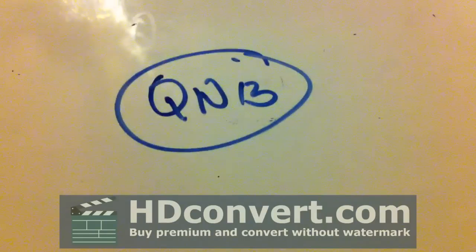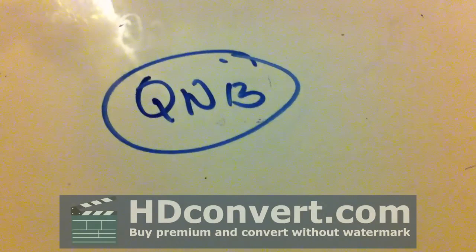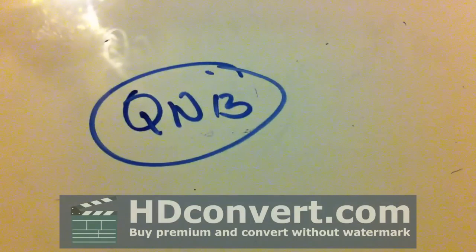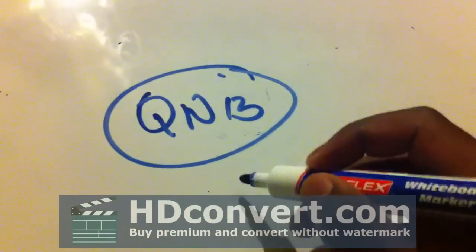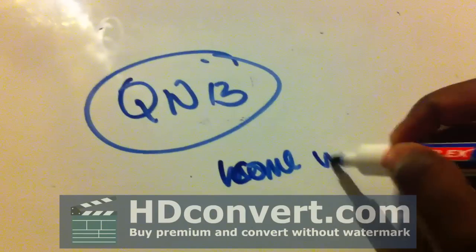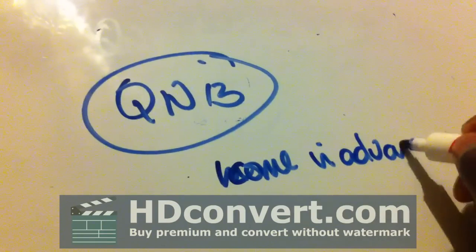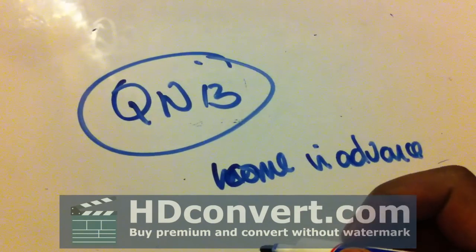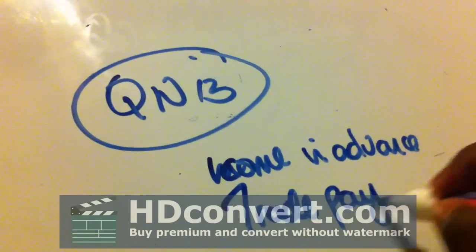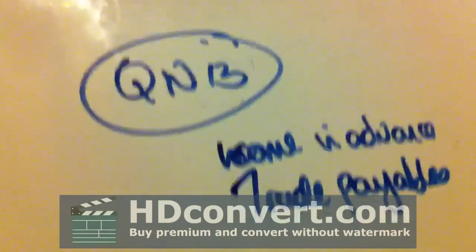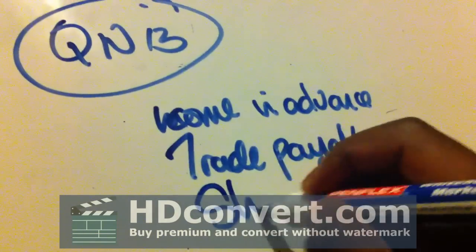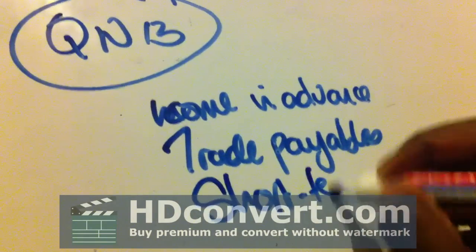Question number 13. Liabilities. Oh, very simple. We spoke about income in advance. It's a liability. You add trade payables. It's a liability. You add short-term loan.